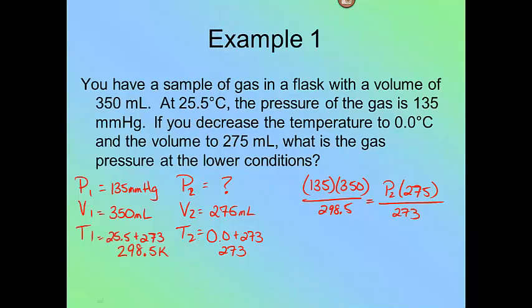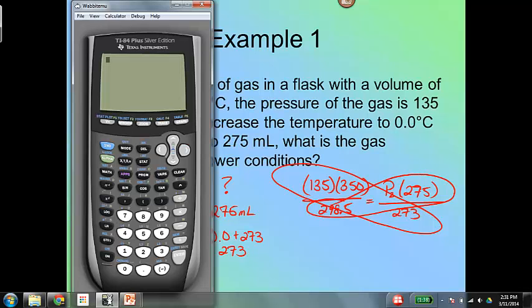So I've got 135 times 350 times 273 divided by parentheses, and I'm going to divide it by what's attached to my variable P2, which is 275 times 298.5, and I hit equals, and my answer is 157.